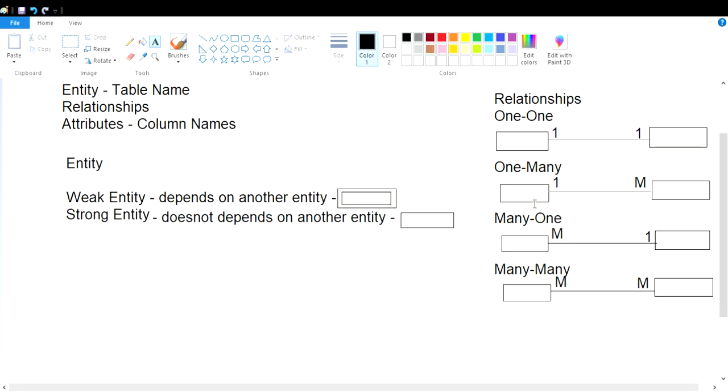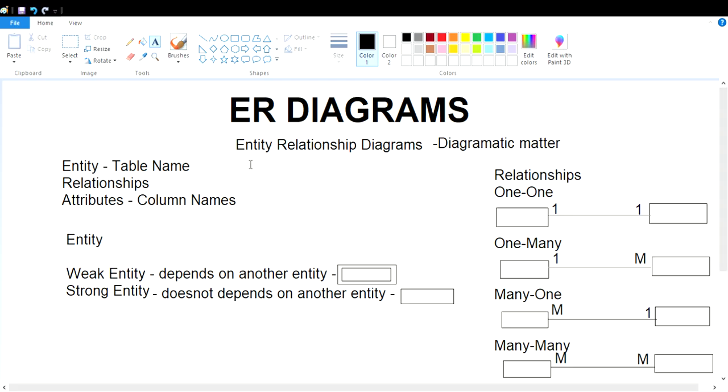One row from the first table interacting with more than one row is one to many. Many rows from the first table interacting with one row is many to one. And many rows from the first table interacting with more than one row from the second table is many to many. These are the types of entity and types of relationships.